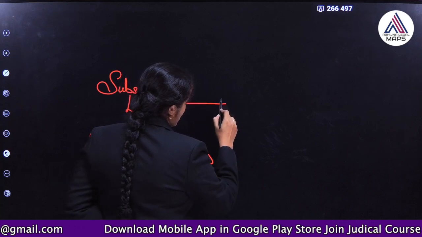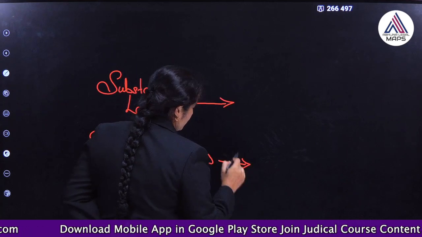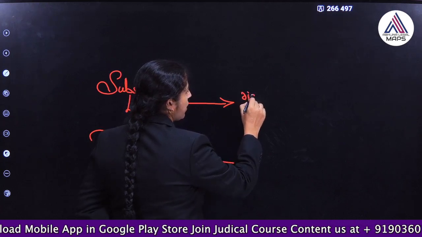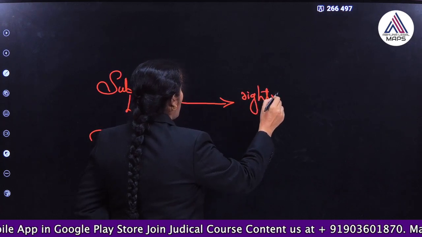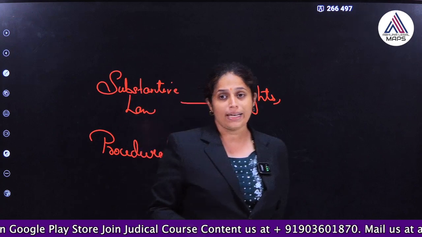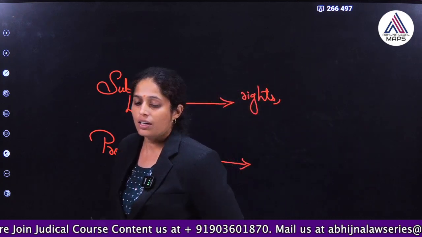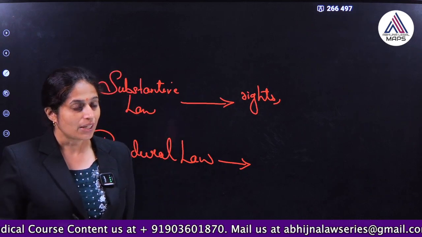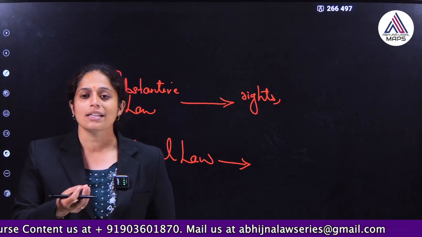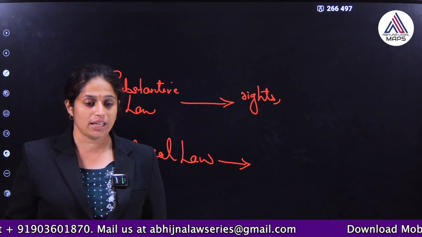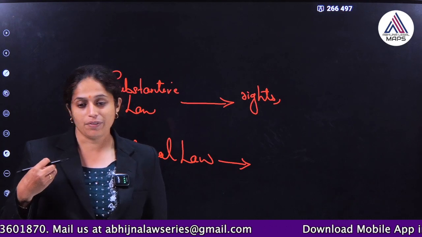When substantive law is the case, we have examples. It defines rights, what is an offence, or if it is in a contract, what is a contract, what is a void contract, or if I take the example of the Transfer of Property Act, it says what kind of property can be purchased, what properties can be mortgaged, what properties can be given on lease.